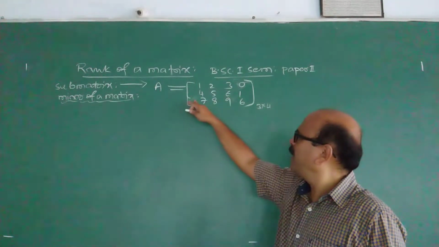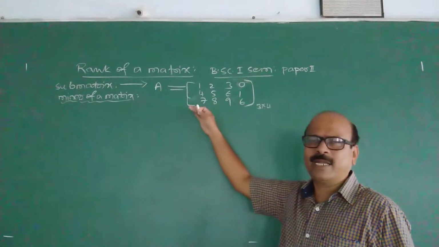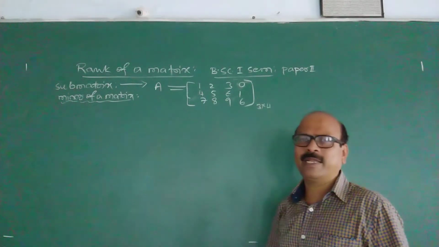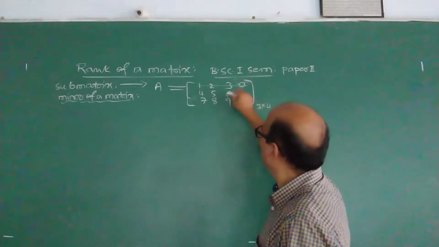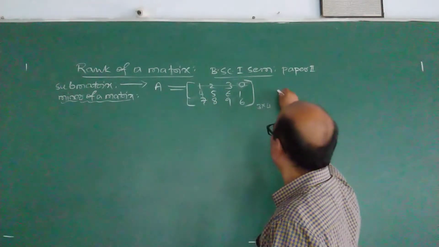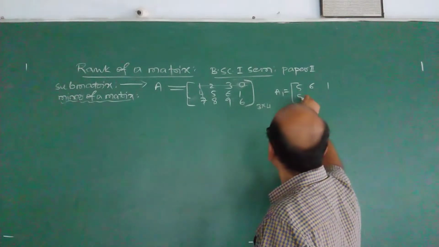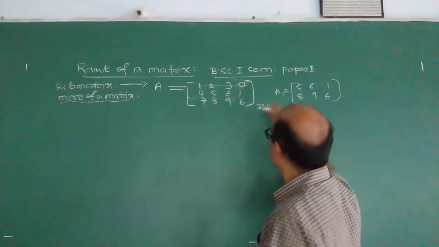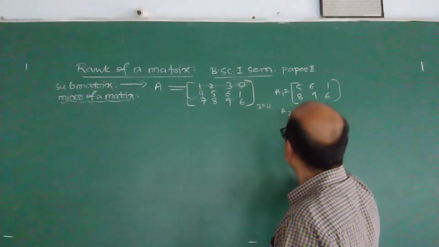Now from this matrix, if you leave some columns and rows and form a new matrix, then that is called submatrix. Now I leave first row, first column. Then I write A1 is 5, 6, 1, 8, 9, 6. It is called submatrix of A. Similarly, you have many submatrices here.